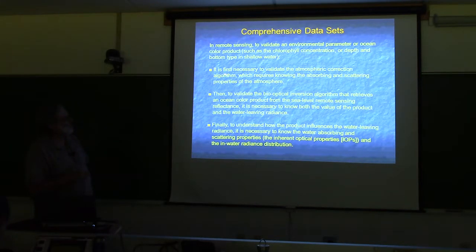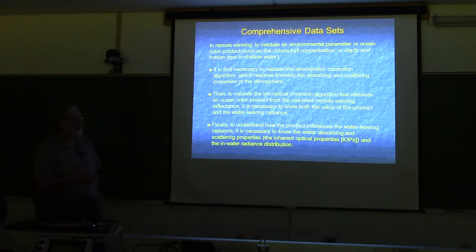First you have to get the light through the atmosphere, so you need to validate your atmospheric correction algorithms. That means you need to know the aerosols and all of this other stuff in the atmosphere. You need to validate the biooptical inversion algorithm that would retrieve, let's say, chlorophyll from Rrs.